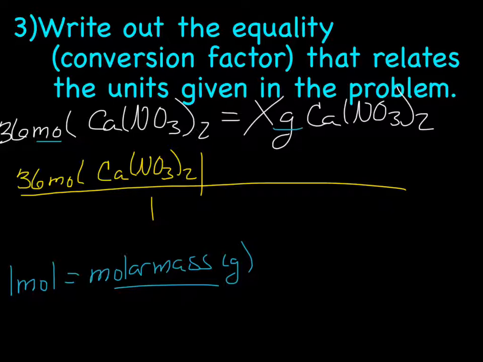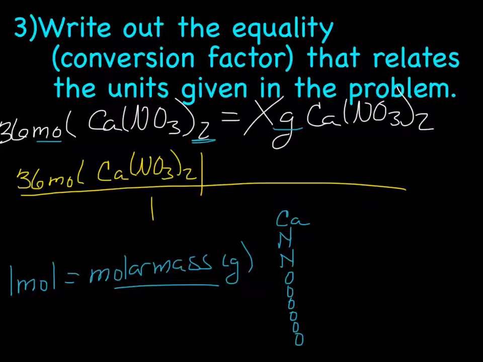And that means we need to add up the molar masses of, let's do it, 1 calcium. So we have calcium. We have, how many nitrogens? This number out here, outside the parentheses, distributes to everything inside the parentheses. So we have 2 nitrogens, and 2 times 3, we have 6 oxygens.